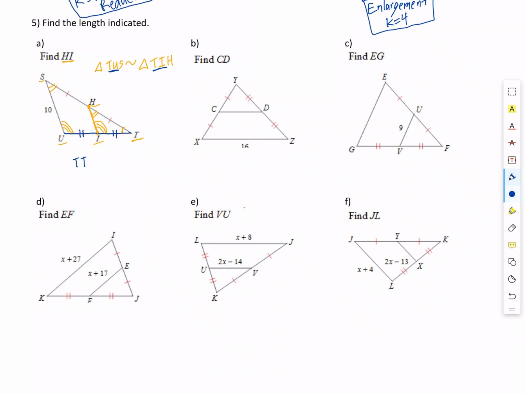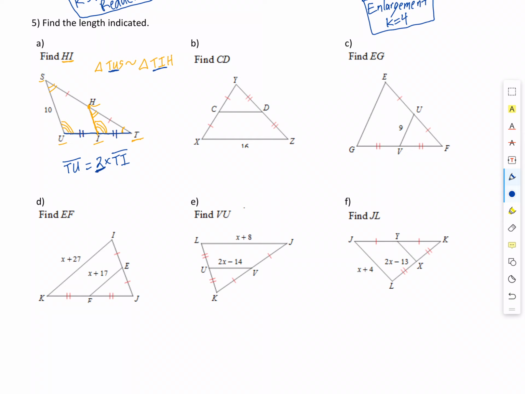So again, TI plus IU gives us the length of TU. So since TI and IU are the exact same length, the length of TU is equal to 2 times the length of TI. Okay, so we know the length TU is 2 times the length TI.